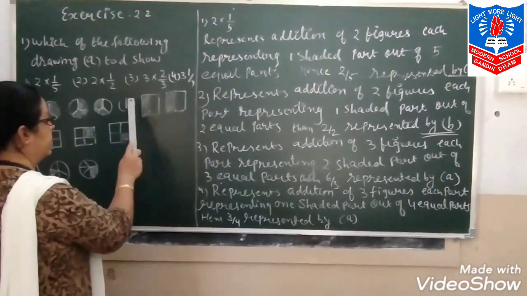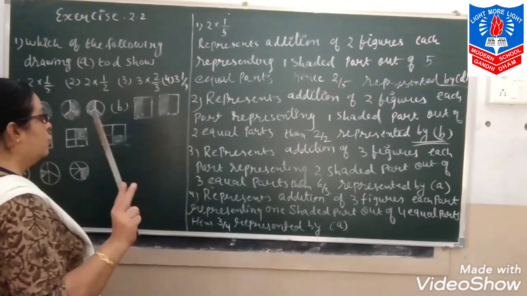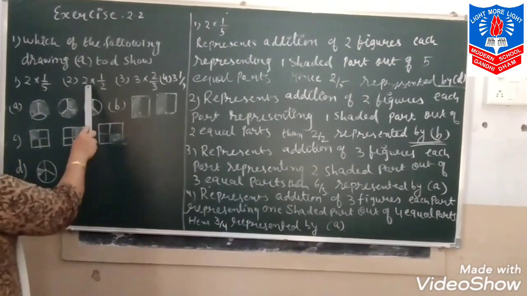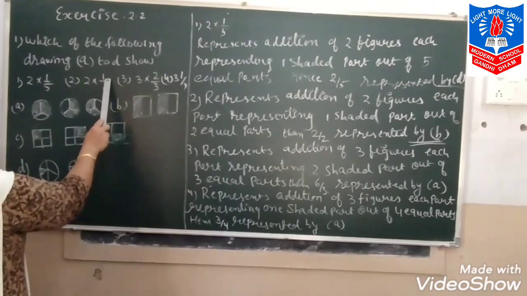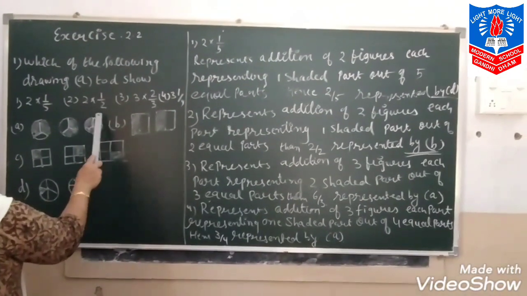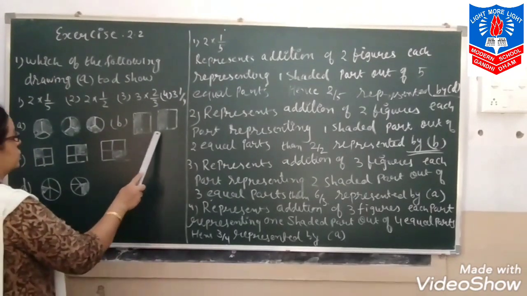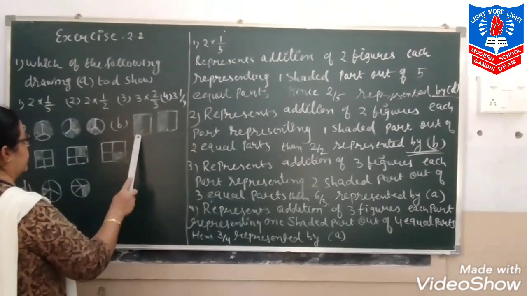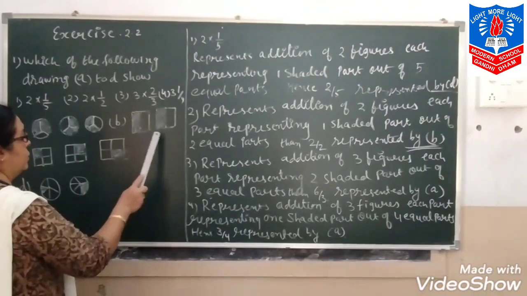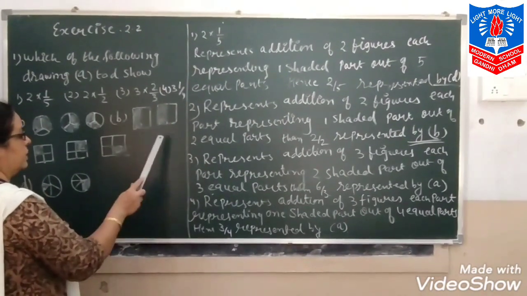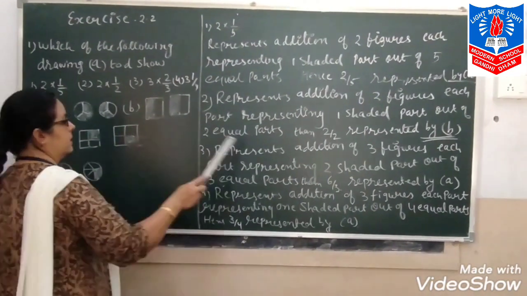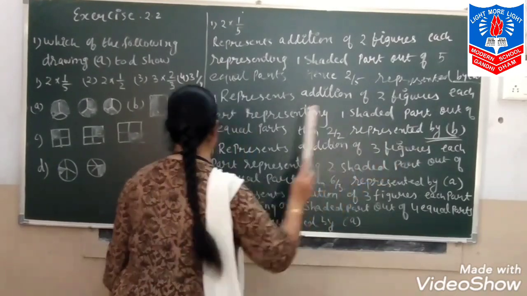So 1 shaded part out of 2 equal parts. So 2 into 1, 2 upon 2, is represented by figure B. See how many figures? 2 figures. 1 shaded part, 1 by 2. So 2 upon 2 is represented by figure B.